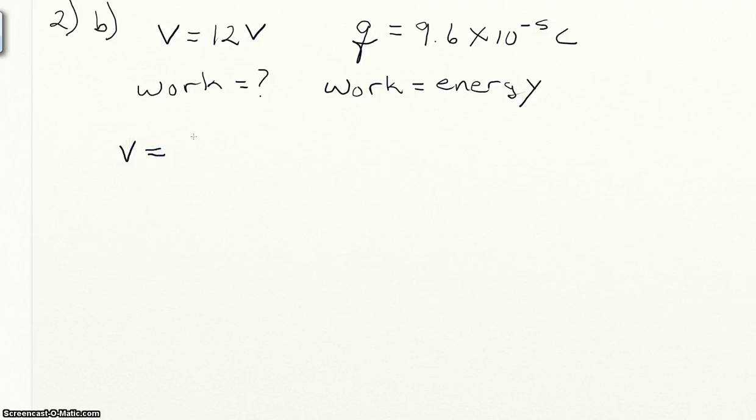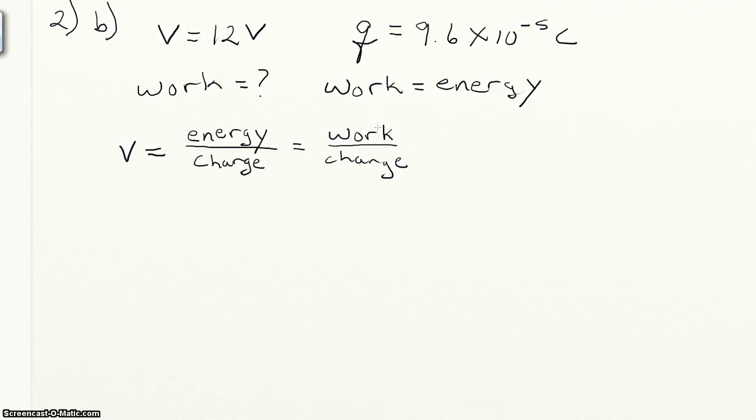Remember what we said before: voltage is electric potential energy divided by the charge. And if we keep with the same topic and say that work is energy, we can substitute it in right here. So work divided by charge.